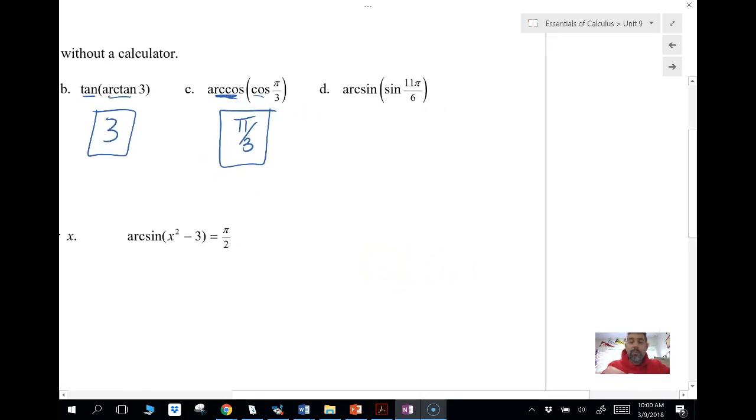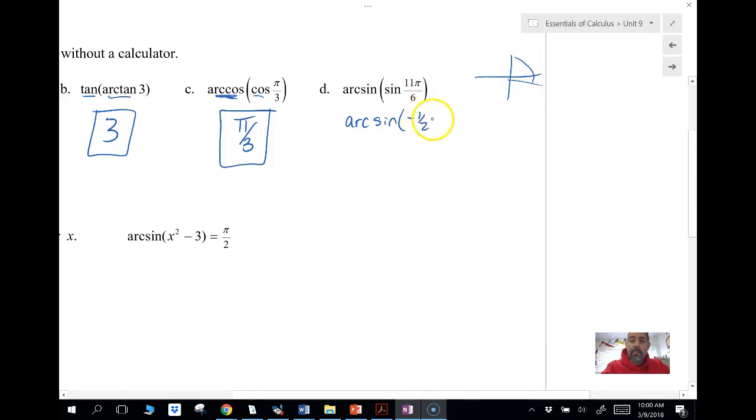However, this one doesn't work out as easily because 11 pi over 6 is not in my range restriction of arc sine. So I got to do a little bit more work here. I actually have to figure out what the sine of 11 pi over 6 is. I use my unit circle to figure this out. 11 pi over 6 is over here.